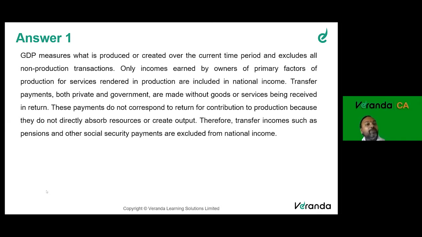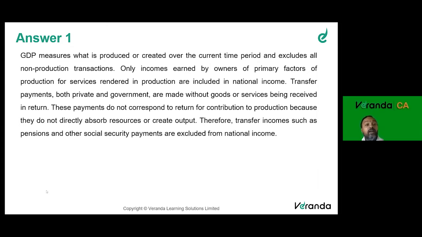So the transfer payments, whether from a private entity or government, are made without goods or services being received in return. So those are not considered in the national income, despite the fact that they create some credit facility and money multiplier effect. These payments do not correspond to return for contribution to production because they do not directly absorb resources or create output.